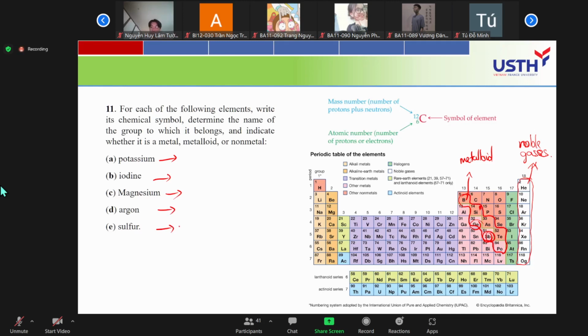Where are they on the periodic table? And set them into metal, non-metal, or metalloid. Okay, again, this one is non-metal, and the other is metal.